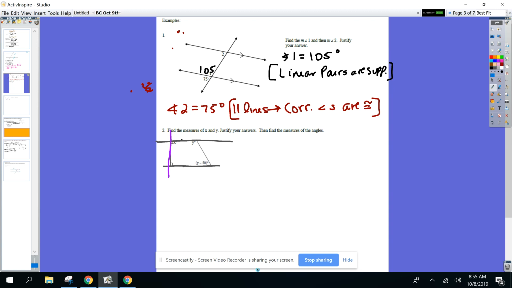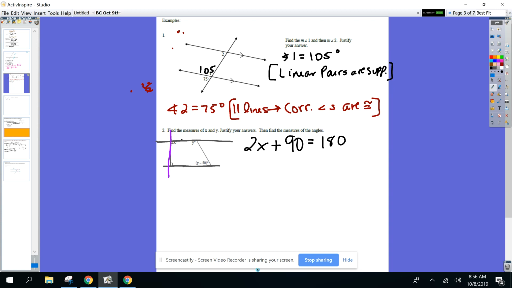Are they inside or outside? They're inside. Same side or opposite sides of the transversal? Okay, so they're same side interior. What do I know? Are they congruent or supplementary? They are supplementary, so I can set up the equation 2x plus 90 equals 180, because they're same side interior.